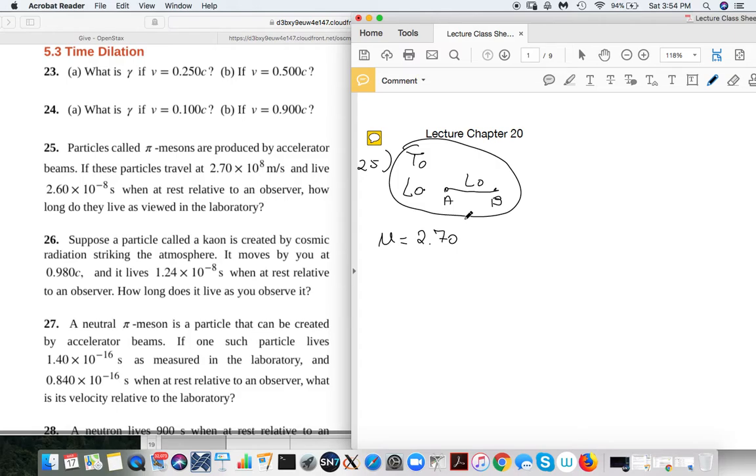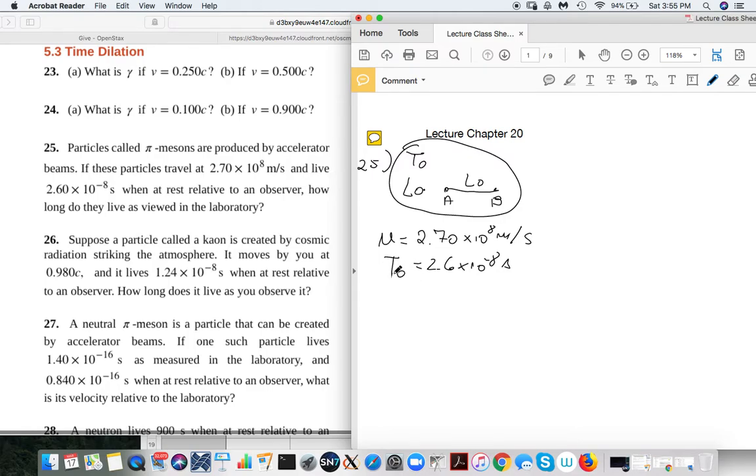So it's 2.7 times 10 to the 8 meters per second. And it lives 2.6 times 10 to the minus 8 seconds when at rest relative to an observer. So this is your proper time.